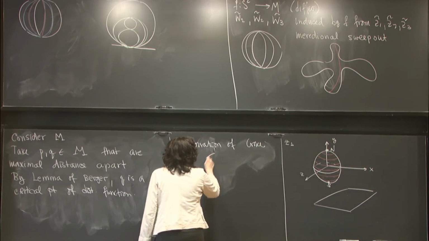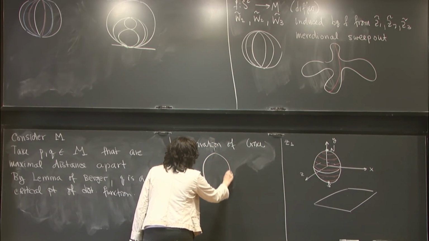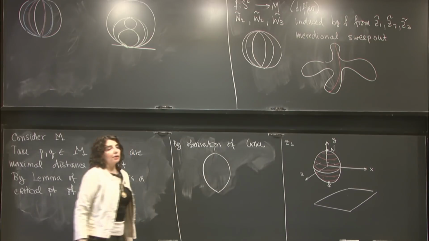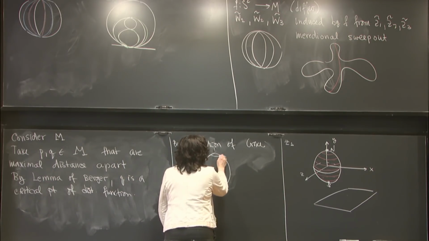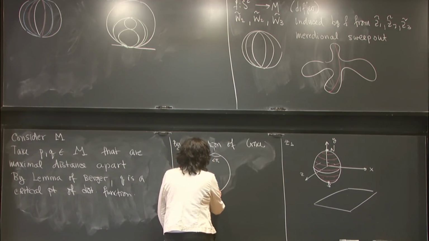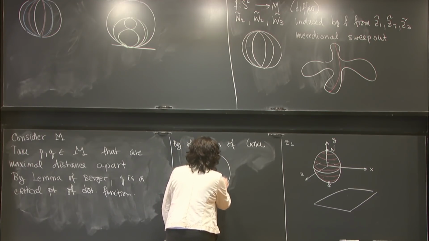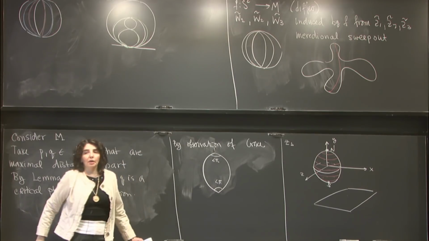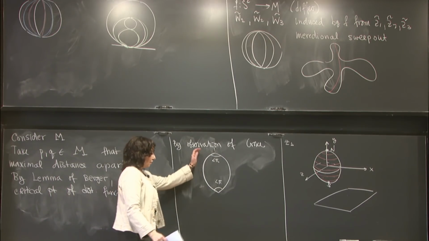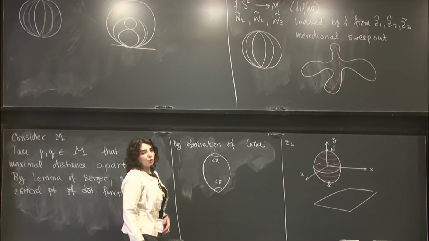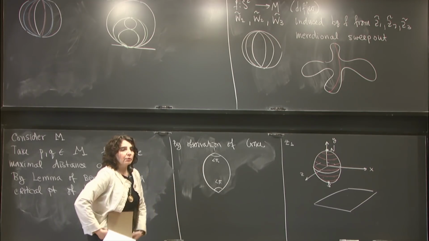We can split the sphere, we can split M, into digons that look like this. So the angle of each digon is going to be less than pi. Okay, so now we apply curve shortening, let's say the Birkhoff curve shortening, maybe not quite good.